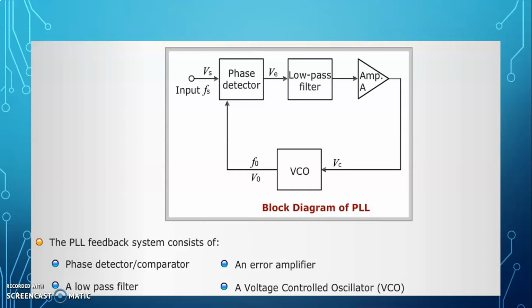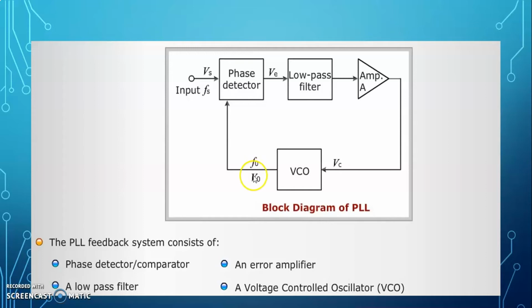When the VCO frequency is equal to the reference input frequency, this condition is called the lock condition. Under lock condition, the phase angle difference between the VCO output signal and the reference input signal is constant at any instant, or zero. Such a condition is called the lock condition.